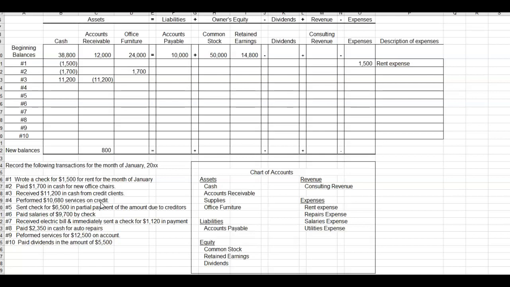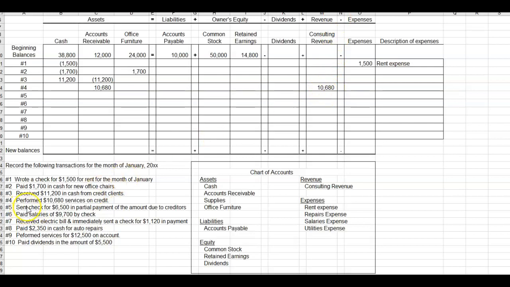So we're going to increase consulting revenue and increase accounts receivable. Increase accounts receivable by $10,680. Increase consulting revenue by $10,680.